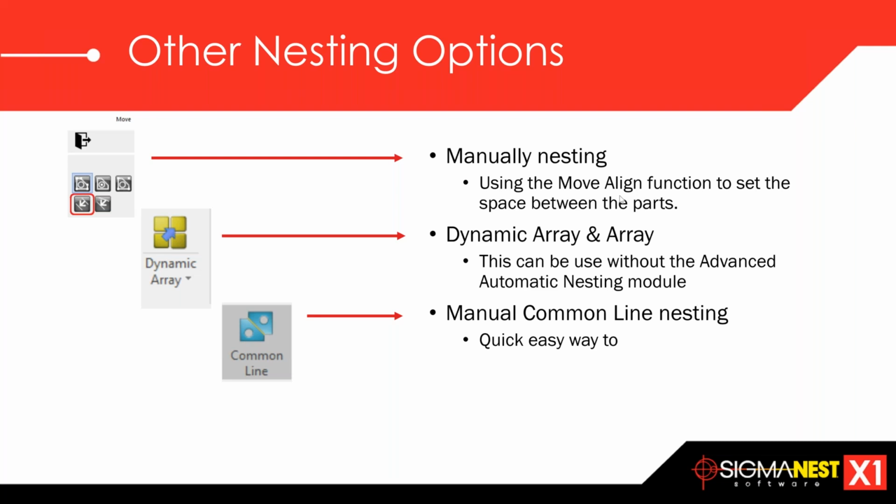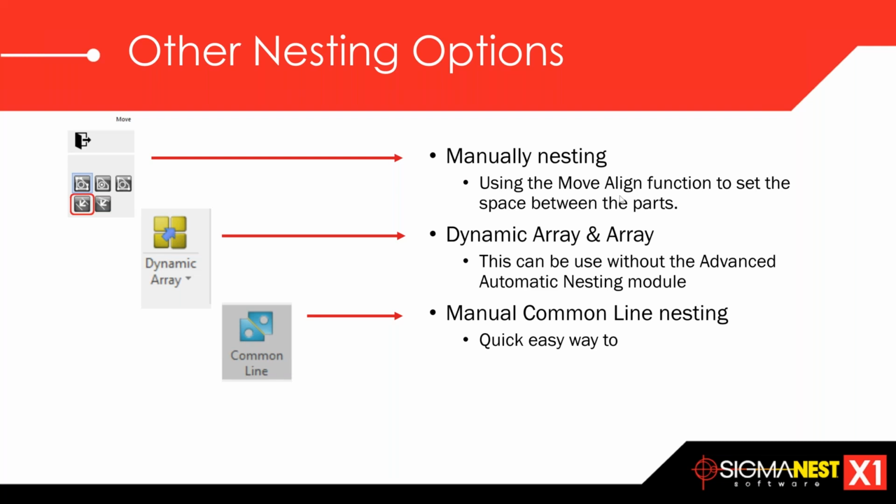You can also use either the dynamic array or the array function to array your parts manually, to space out your parts, and then still have it common cut with the Auto NC, provided again that the spacing is the same as the kerf value that you set for the common cutting.